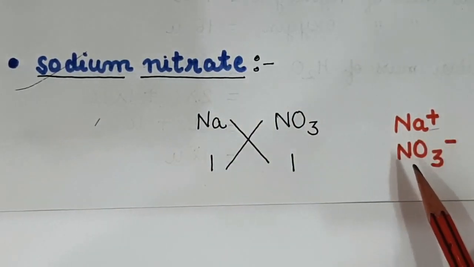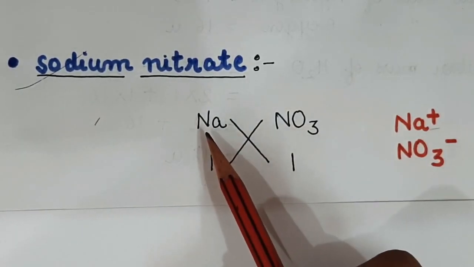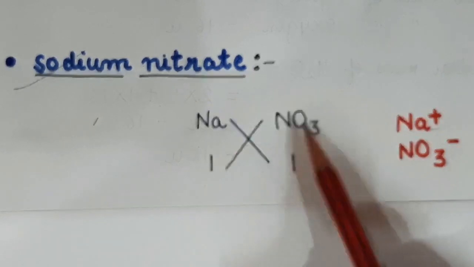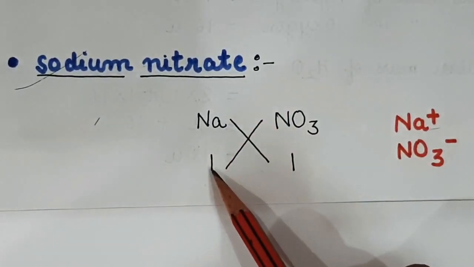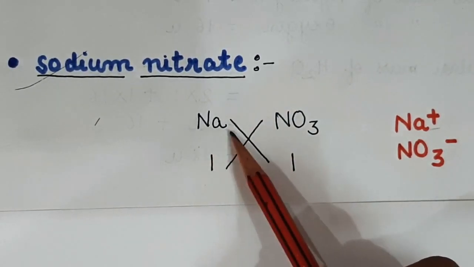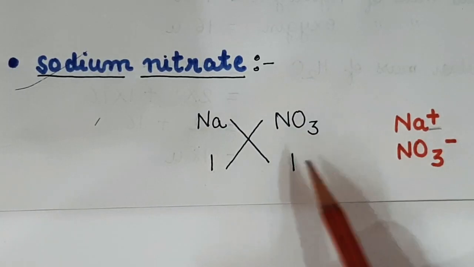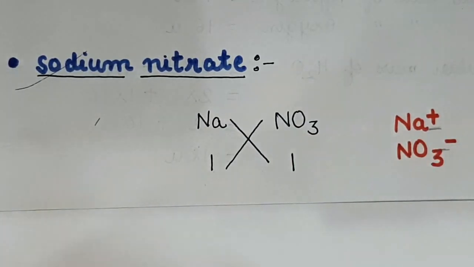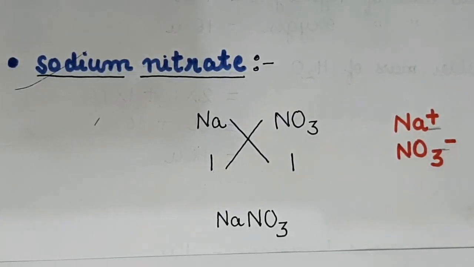It is NO3 negative. So write down the symbol. Na for sodium, NO3 for nitrate. Now write down the valency. What is the valency of sodium? It is 1. And what is the valency of nitrate? It is also 1. Now cross multiply. So what you will get? You will get NaNO3. That is sodium nitrate. Clear?